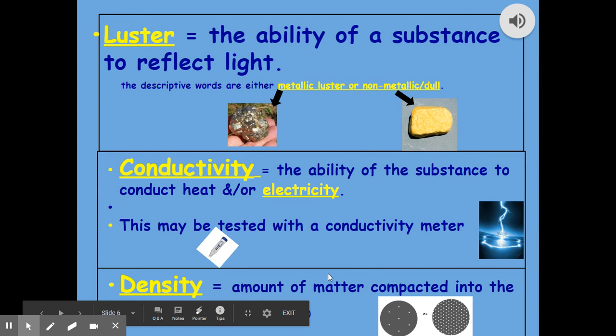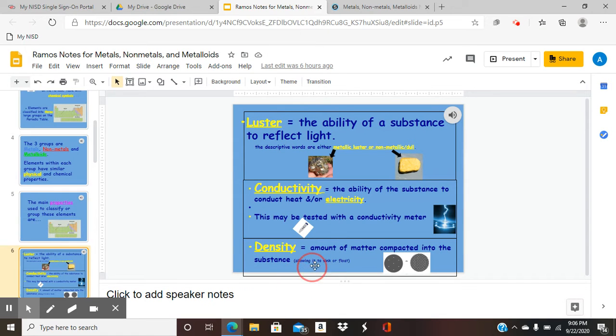Density is the amount of matter compacted into the substance. So it determines if the substance is going to sink or is it going to float. These are very important words that you need to know, the main properties of these elements.